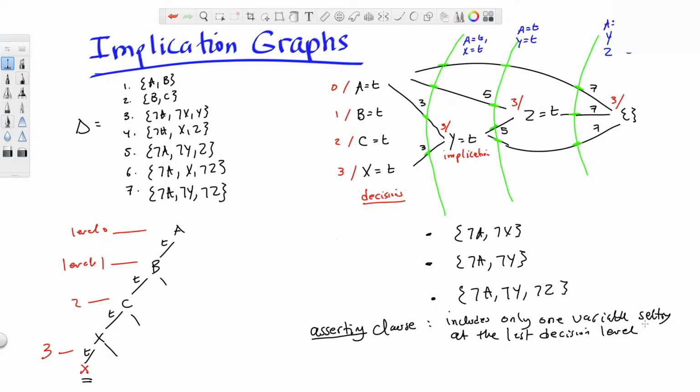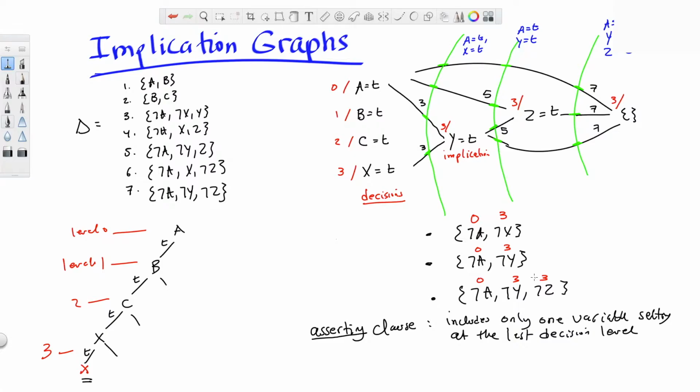So if we look at these clauses and at the levels, this guy corresponds to a variable setting at 0, and this is at 3. Similarly, 0 and 3, and for this one, 0, 3, and 3. So a clause is asserting if it includes only one variable setting at the last decision level.